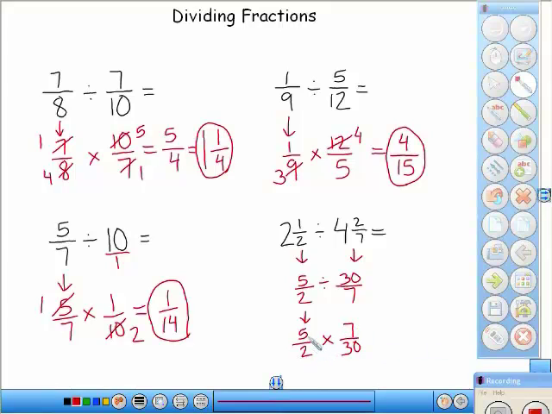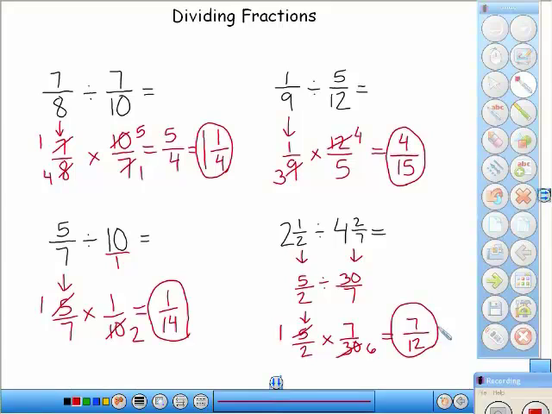Not that way, but this way we can. 5 and 30 are both divisible by 5. 5 divided by 5, 1. 30 divided by 5, 6. Now if we multiply straight across, 1 times 7, 7. 2 times 6, 12. 7/12 is our answer.